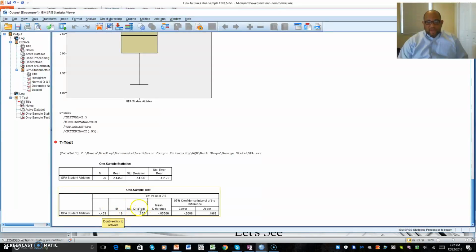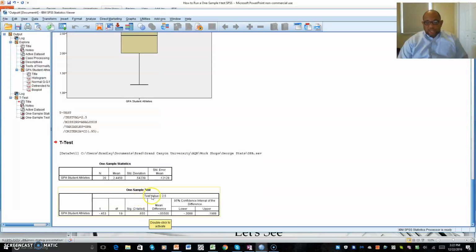And the significance value, it tells us whether we accept or reject the null hypothesis, is 0.655, and that's above 0.05. So that means we accept the null.